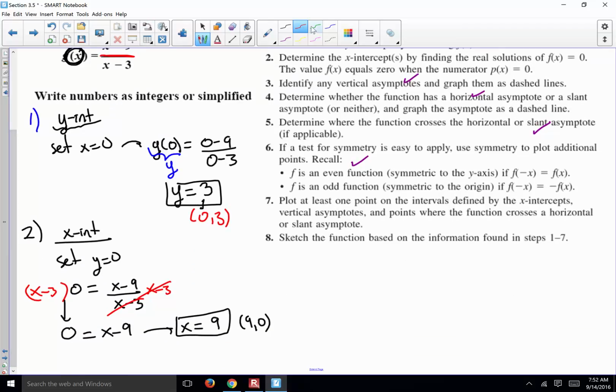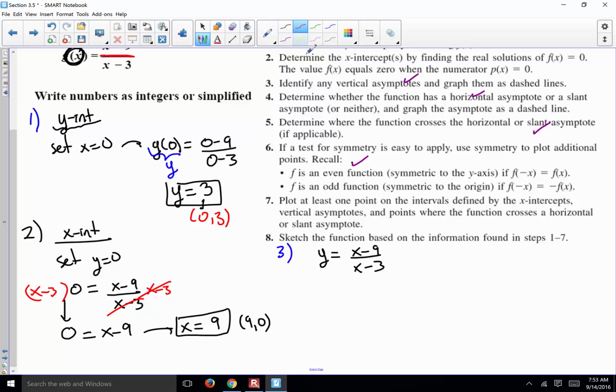Alright, let's do number 3. Identify any vertical asymptotes and graph them as dashed lines. Alright, take a look at your equation. Are there any bad values? You enter into x and this function becomes uncomputable, undefined.